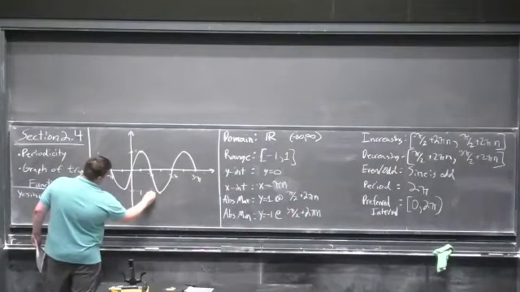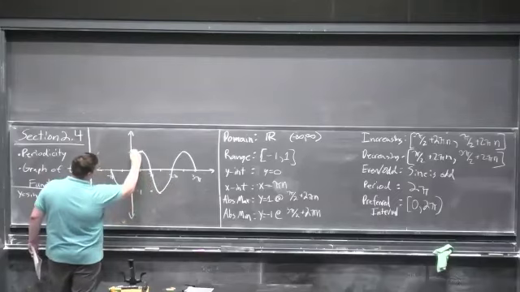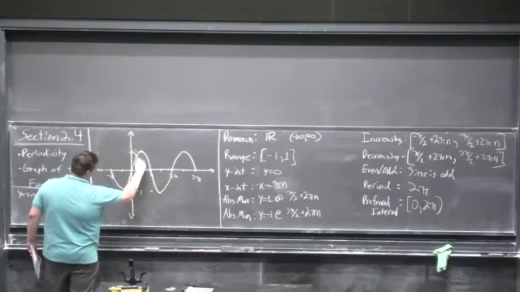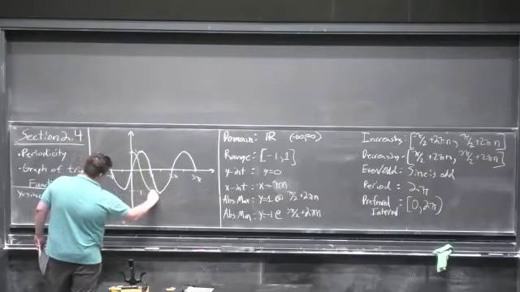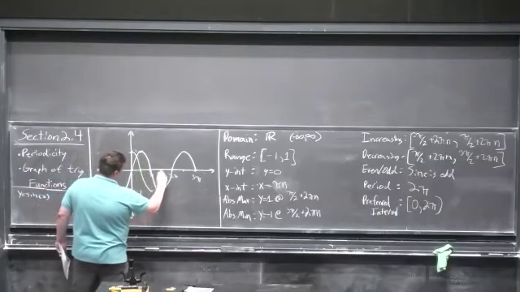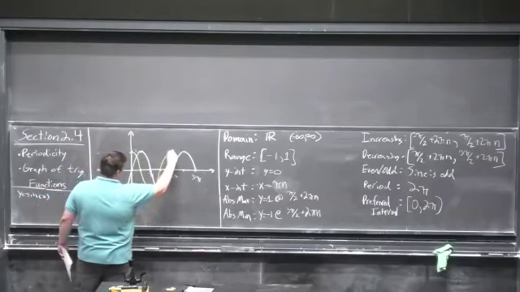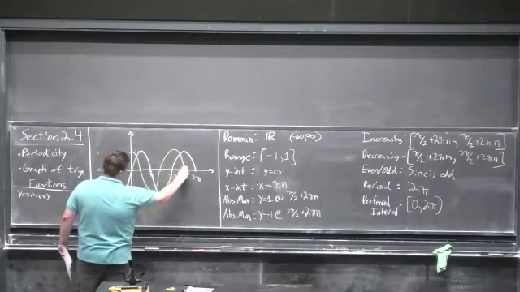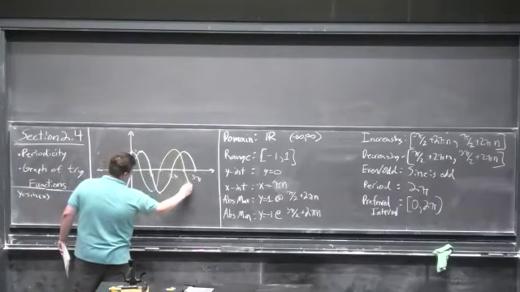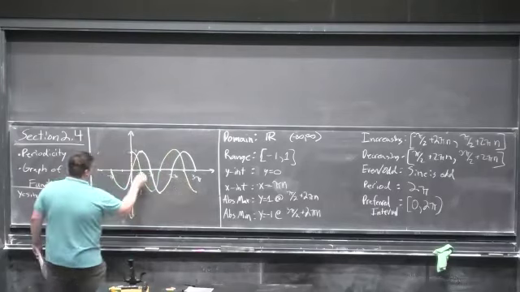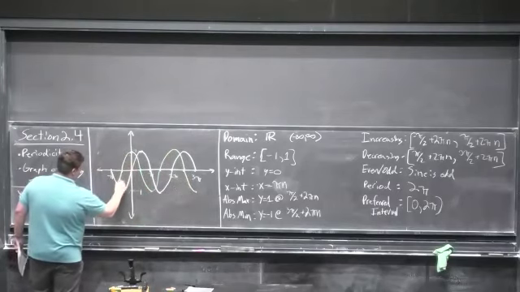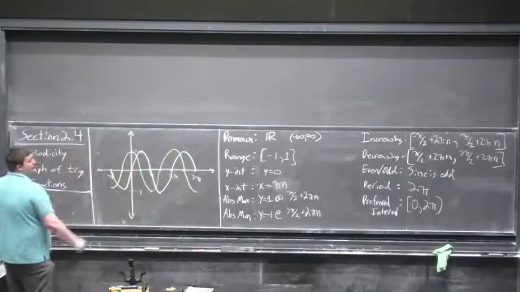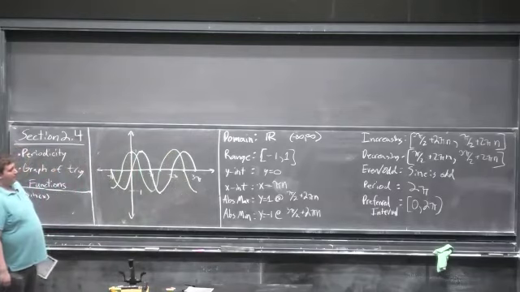Cosine of pi is -1. And so we're going to have the graph look something like this, and fill it out like that going the other way.